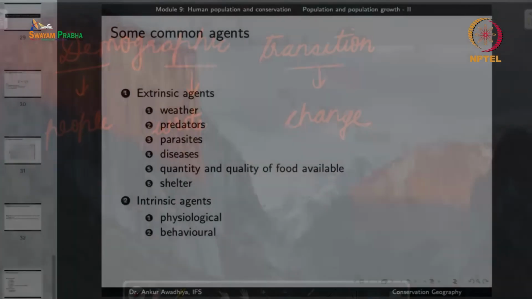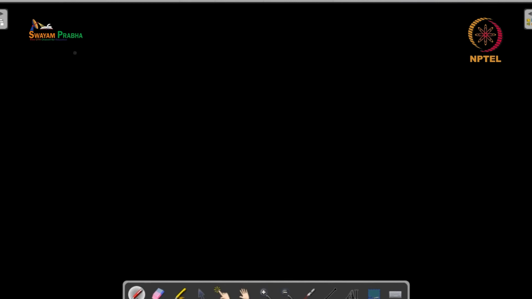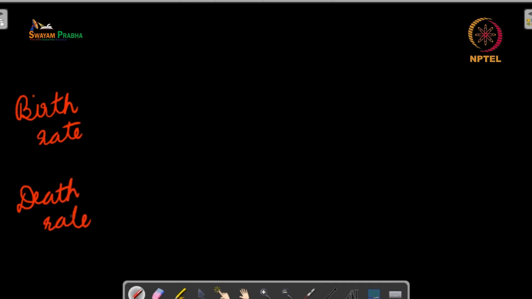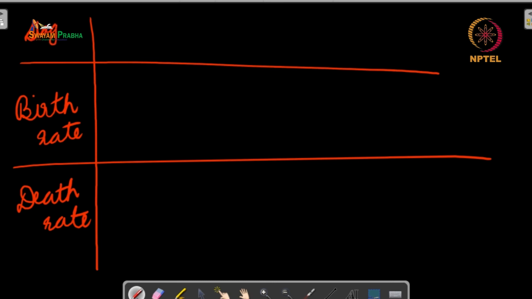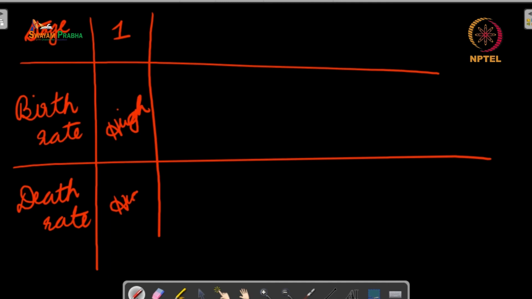So a primitive society is characterized by a high birth rate and a high death rate. So let us write birth rate and death rate. If we make a table, we can write that, and this is the stage. So in the first stage, you have a high birth rate and a high death rate. The death rate is high because you do not have sufficient nutritious food, you do not have medical facilities.